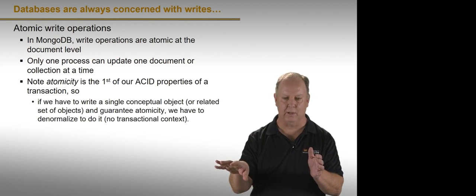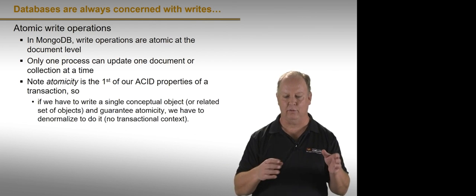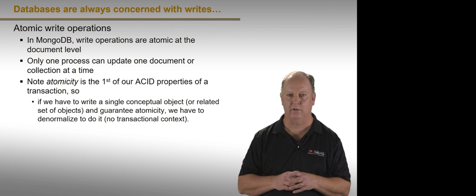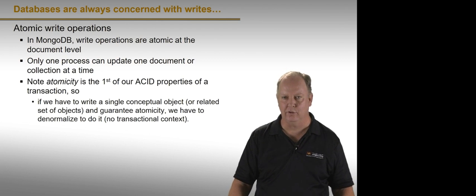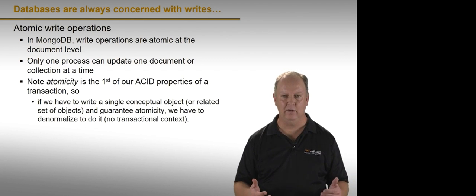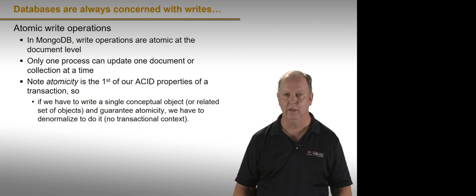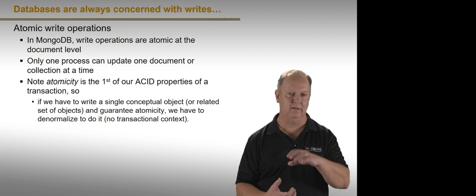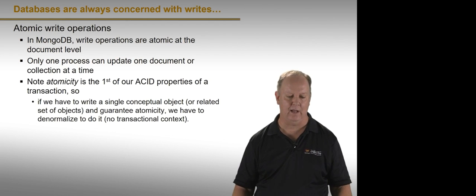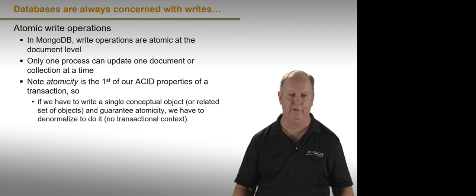If I have to write one conceptual object back out across referential integrity constraints in a relational database, I may have to write to 3, 4 tables and do an update across all those tables at a time, which means I've got to wrap all those things inside of one transaction context. In Mongo, I don't have to do that. I can write the entire document as one atomic write, including the embedded document. So again, I don't have to worry about wrapping multiple operations into a transaction so I can maintain atomicity. It comes with the database for free. So that's some of the low-level benefits of MongoDB.